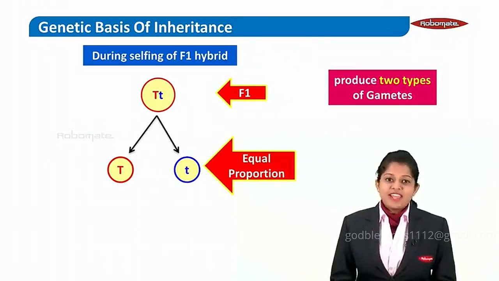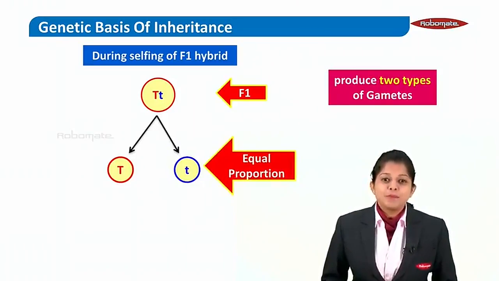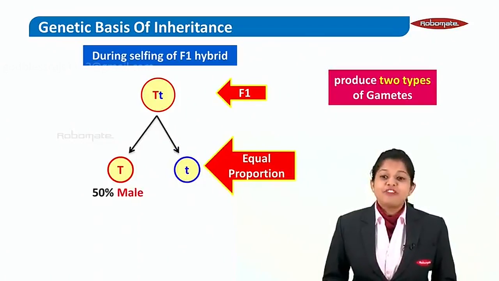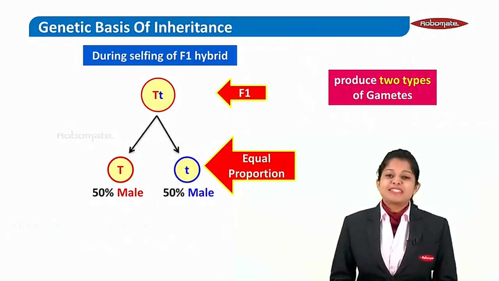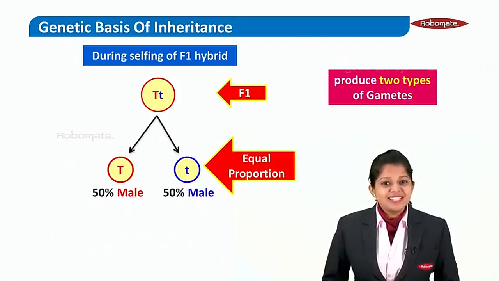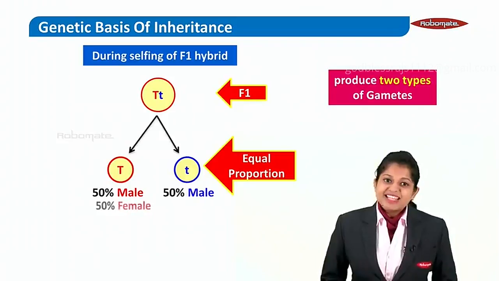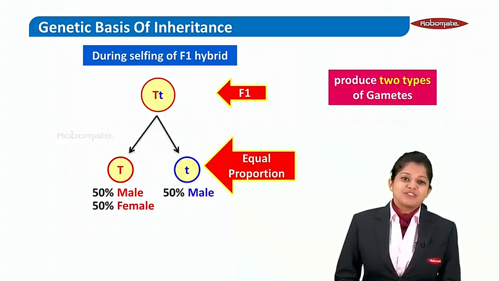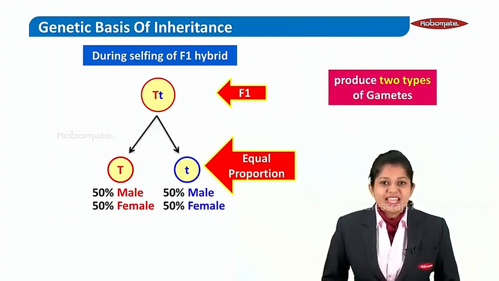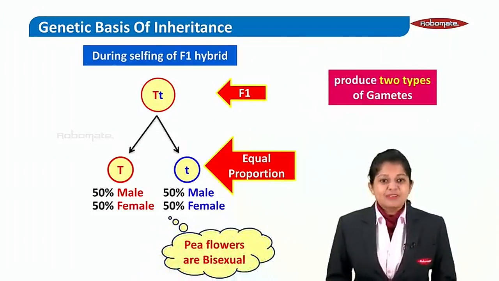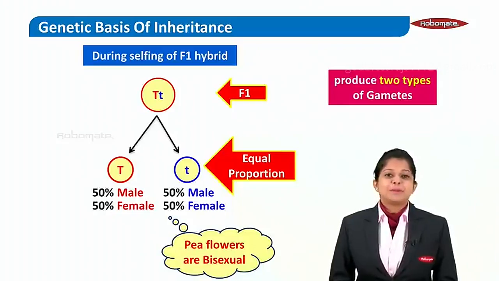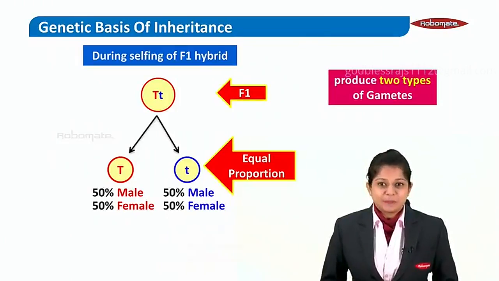Now, they always formed in equal proportion, meaning 50% male gametes were with the dominant trait and 50% male were with the recessive trait. Similarly, 50% females were with the dominant trait and 50% were with the recessive. This was thanks to the fact that the pea flowers are bisexual.